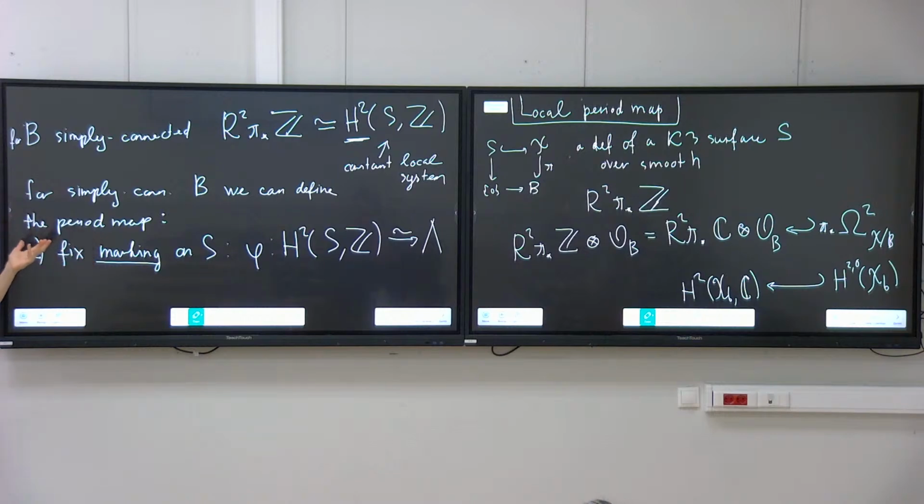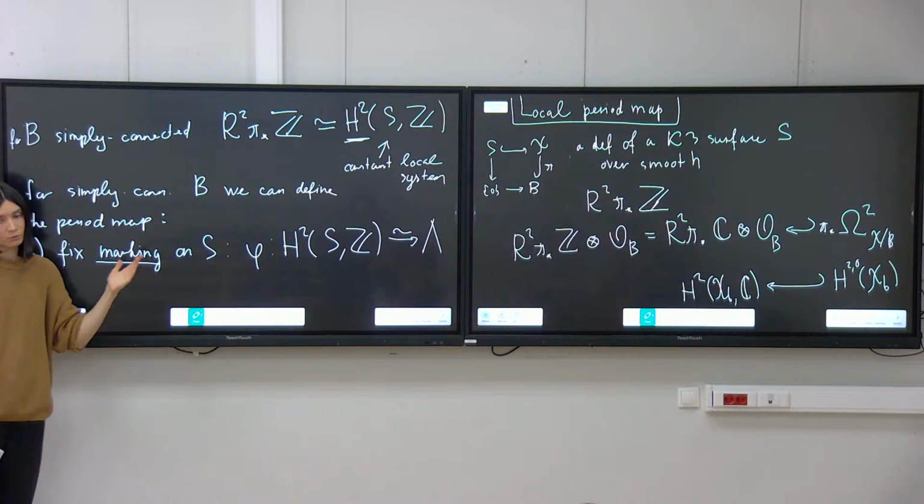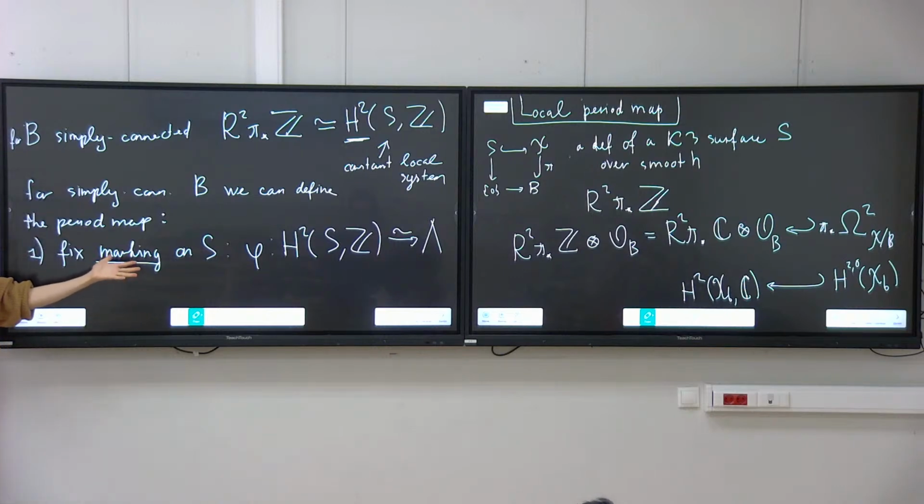Next time we will discuss that in fact, for all K3 surfaces, just abstract ones, we cannot have any moduli space. I will explain more precisely why we cannot parameterize K3 surfaces. But surprisingly, for marked K3 surfaces, there exists a fine moduli space. It will not be Hausdorff. It's a very strange moduli space, but this is a fine moduli space. So if we fix a marking, then we will be able to parameterize K3 surfaces.